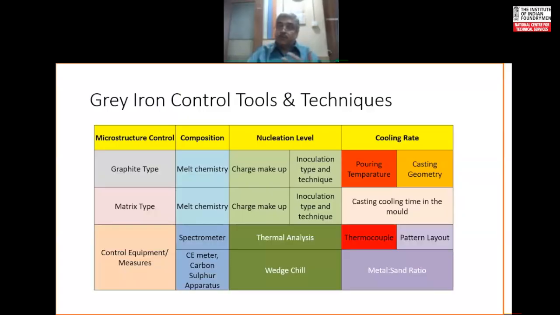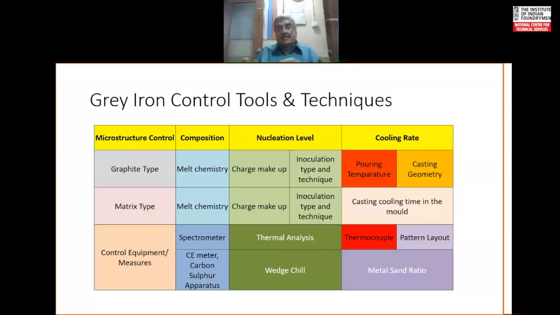Now, what are the types of control equipments and measures that are used? I think most of you who are working in foundries are very familiar with them. For chemistry, you use spectrometers, or CE meters, and maybe a carbon sulfur apparatus for checking the chemistry of the melt as well as of the casting if you want.